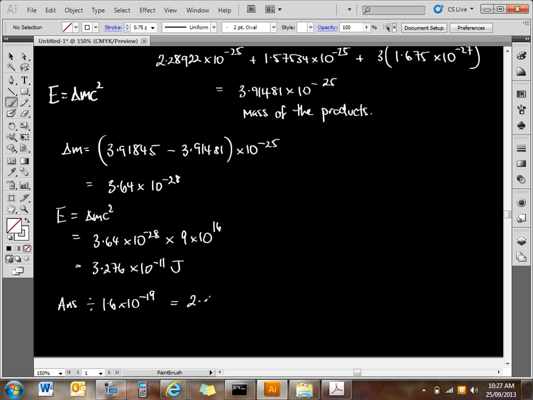We get a value in eV. I'm going to rewrite that. 205 MeV. Is that right? Yes, the book says so. Yeah, okay, you got my joke. That's good. 205 MeV.